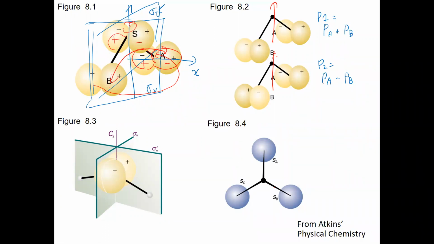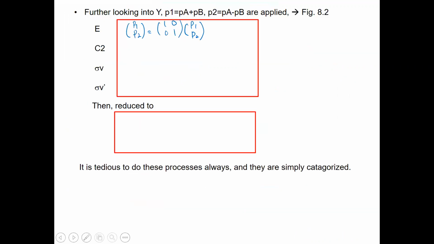P1's sign is changed, right? By rotation, it's plus to minus, right? But if P2 is rotated, it doesn't change, right? So this one is going to change into minus P1 and P2, meaning minus 1, 0, 0, 1.